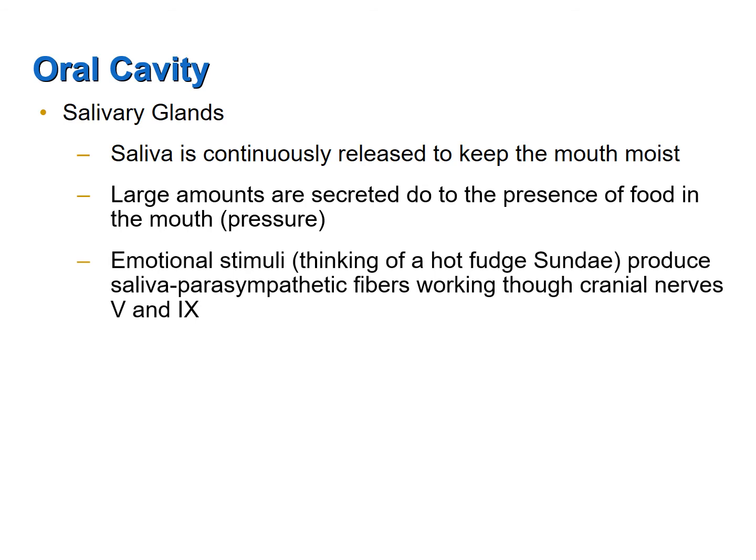Emotional stimuli, say thinking of a food that you like, or if you pass a restaurant or bakery and you smell the food and it's pleasing to you, through the parasympathetic nervous system, cranial nerves number 5 and number 9, that would be the trigeminal and glossopharyngeal nerves, respectively, stimulate the release of saliva.